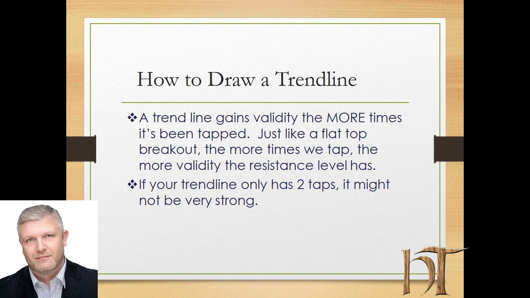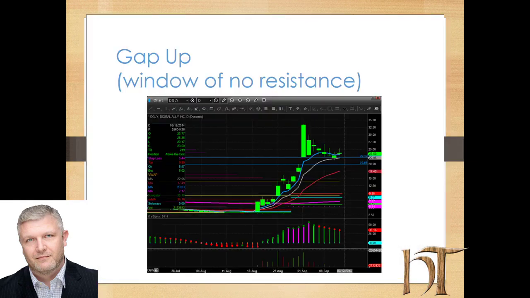Let's look at this gap up. On this next chart, we have an example of a window with no resistance. So this is a window right here, and we have this gap.